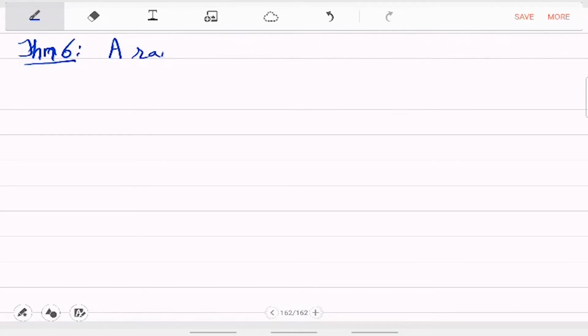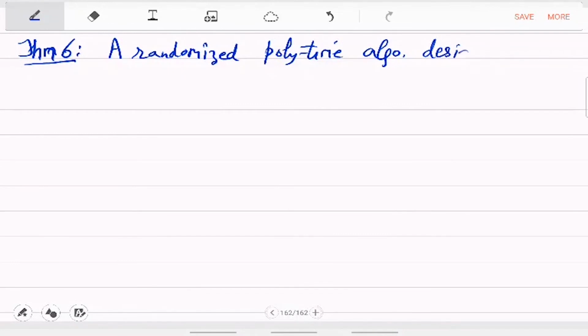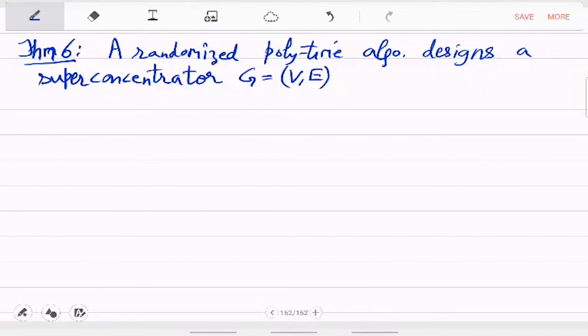So a randomized polytime algo designs a super concentrator G with vertices V and edges E, with number of vertices 20j and number of edges some multiple of j, order j definitely.